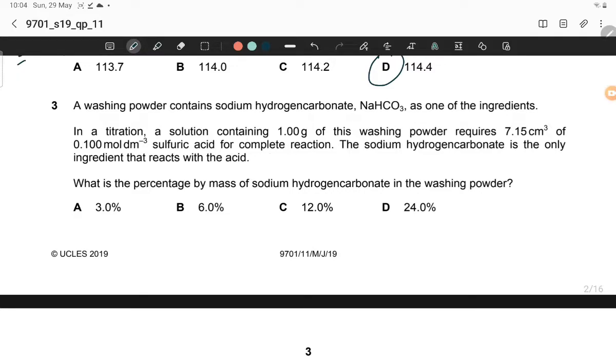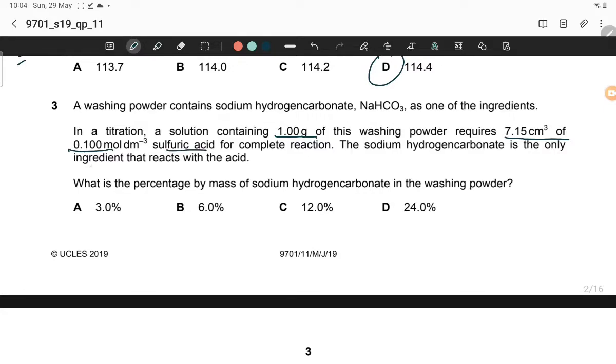The sodium hydrogen carbonate is the only ingredient that reacts with the acid. What is the percentage by mass of sodium hydrogen carbonate in the washing powder?